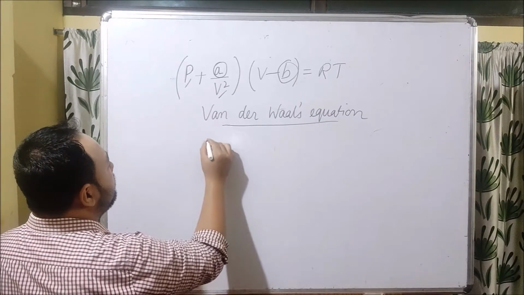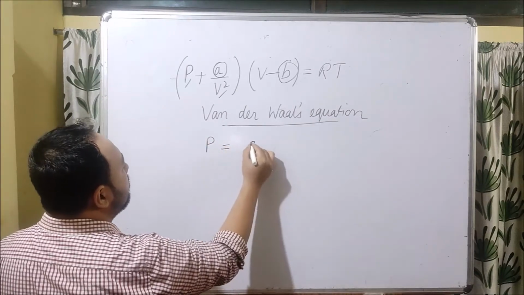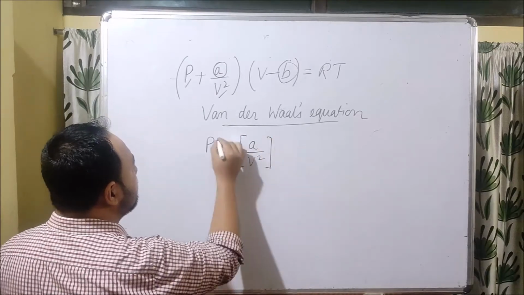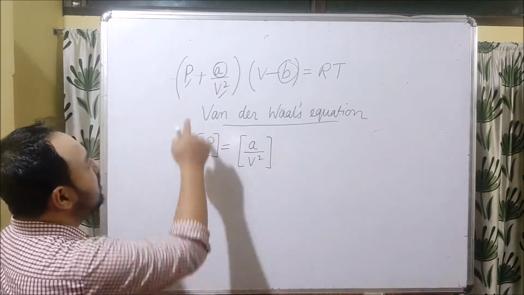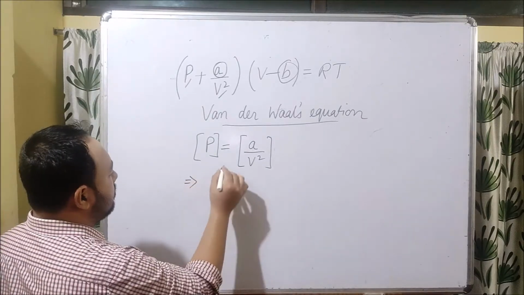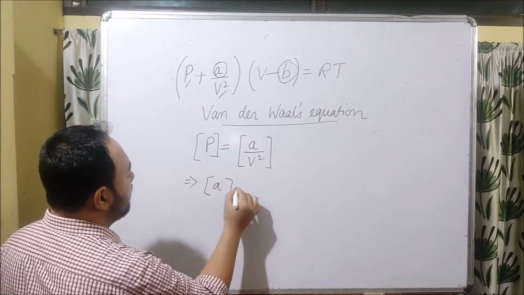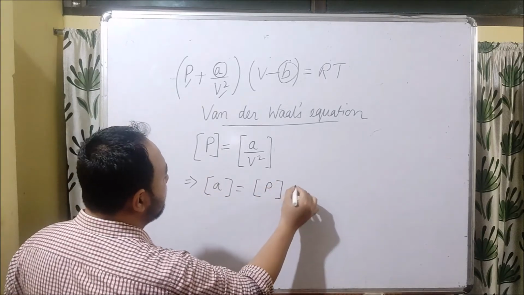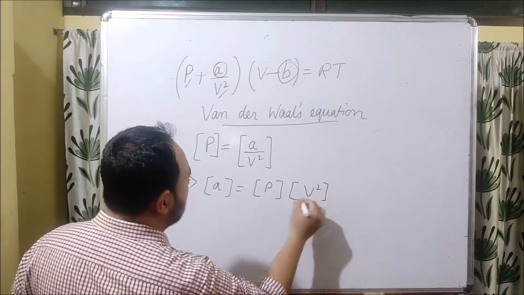So P will be equal to A by V square dimensionally. Only then we can add it. So from here we can get that A is equal to P into V square.